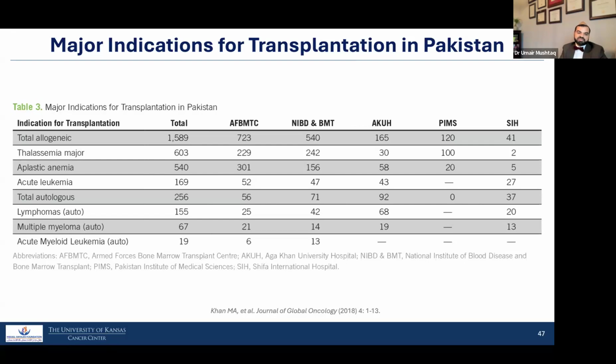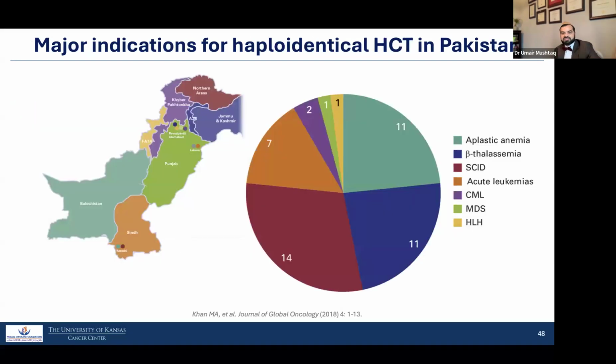Very few acute leukemia patients, and then there are some autologous transplants. They report on haplotransplants. There are a little less than 100 transplants that they had done, and main indications have been aplastic anemia, thalassemia, severe common variable immune deficiency, and then some malignant disease as well.